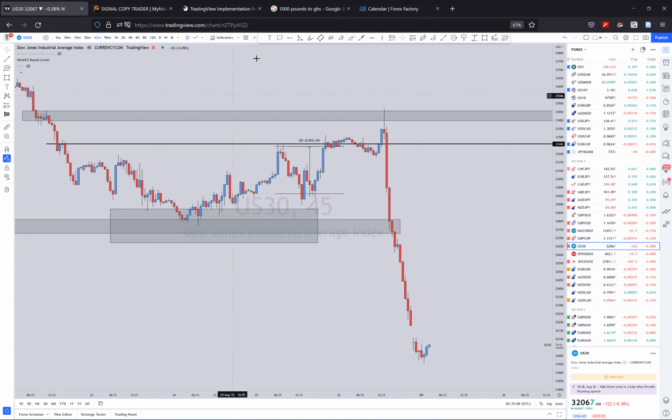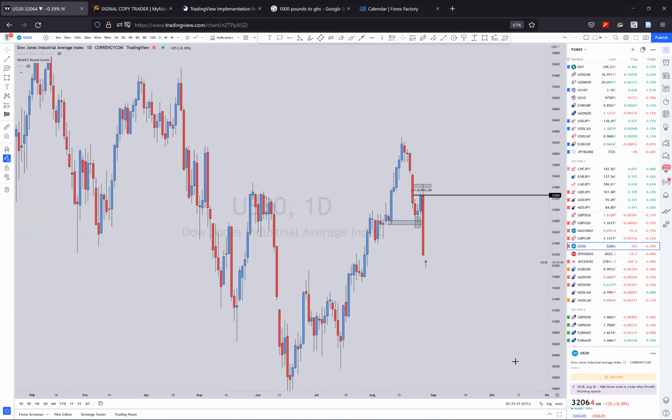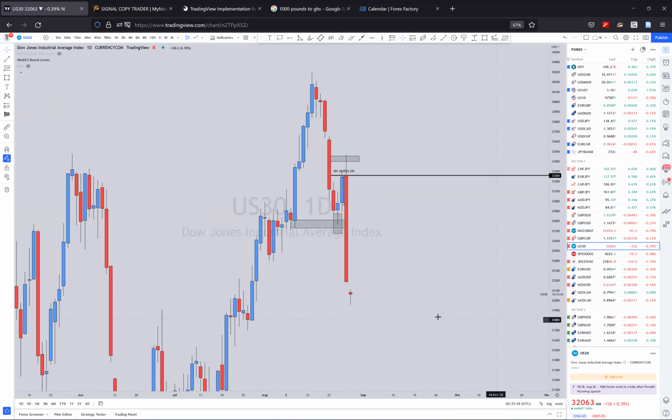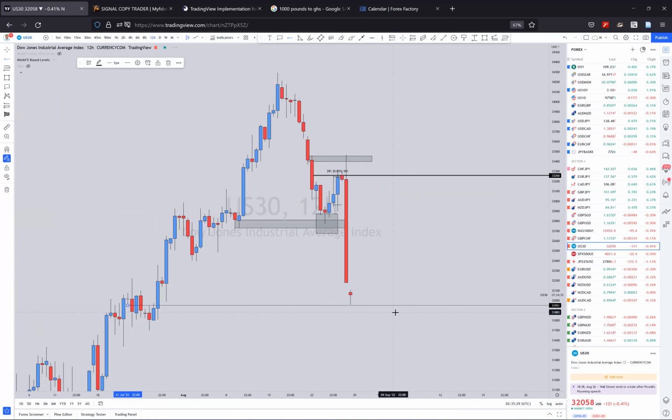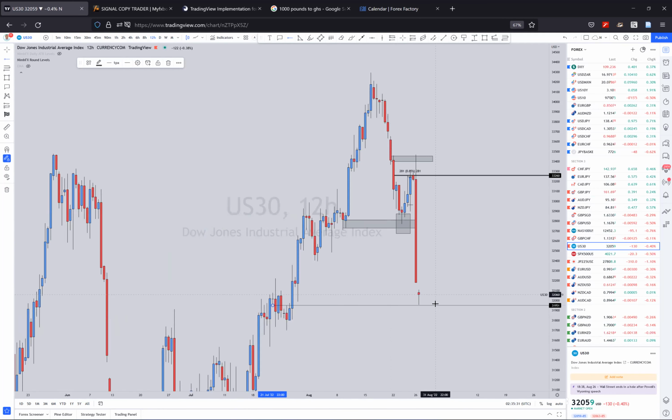US 30. This is a lot of extension. Price almost entered into this liquidity and then rejected from that level.